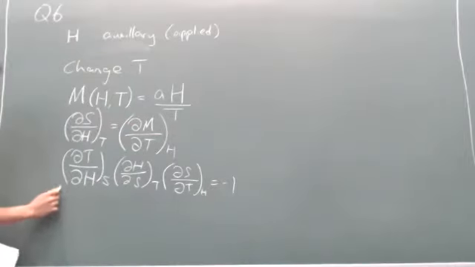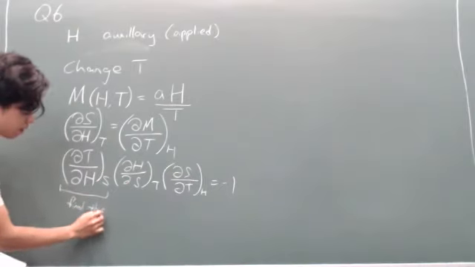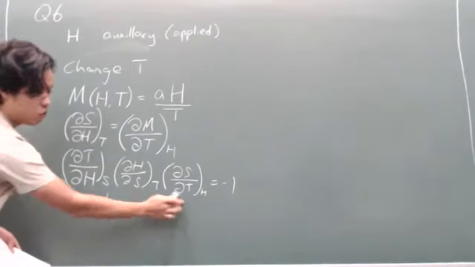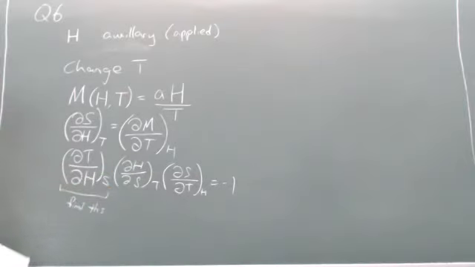We want to find the first, so we need to evaluate the other 2 terms. Once you can evaluate these 2, you can take them to the other side and you've got an expression for dT/dH, which is what we want.